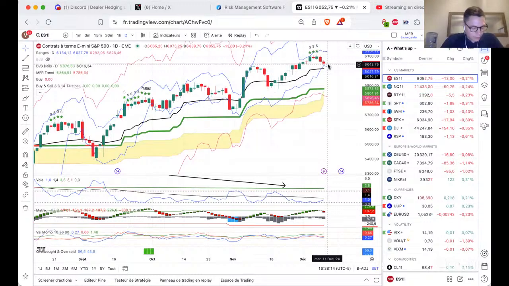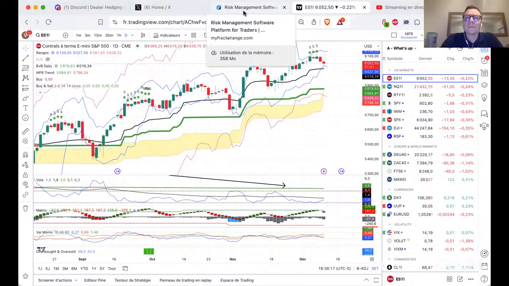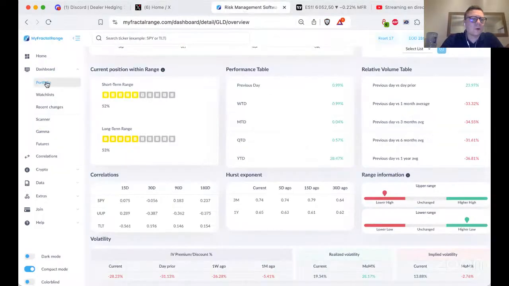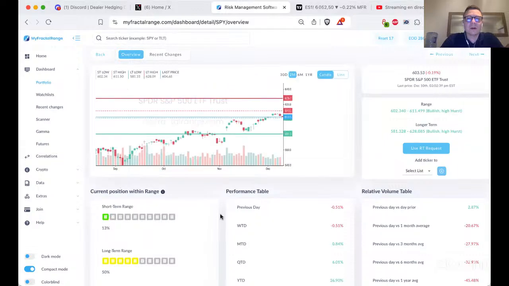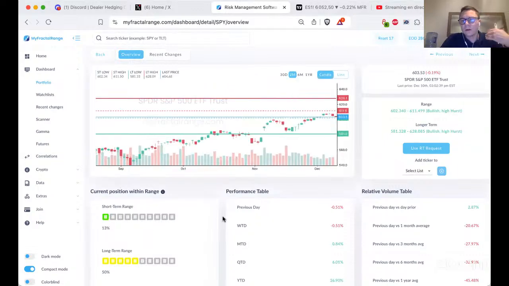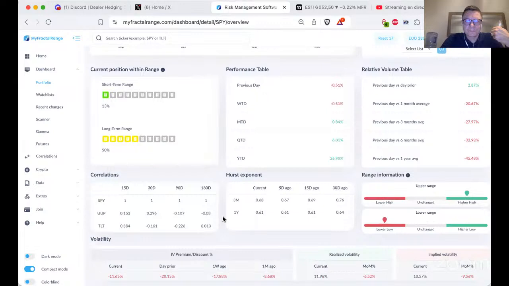Something I also pointed out 2 weeks ago is that Hurst for SPY and QQQ are still unable to get back to levels where they were a few months ago.